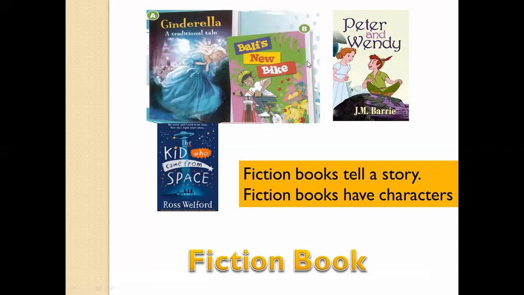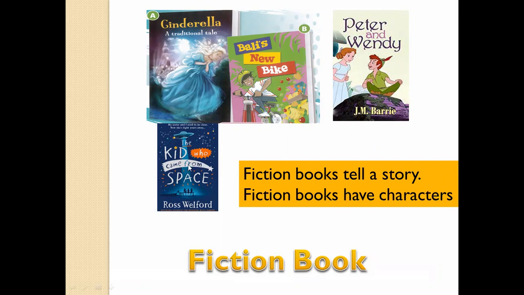Number B, Bali. You can see a boy with his bike. So Bali is the character of this story. Peter and Wendy. Here is Peter and here is Wendy. They are the characters of this story.